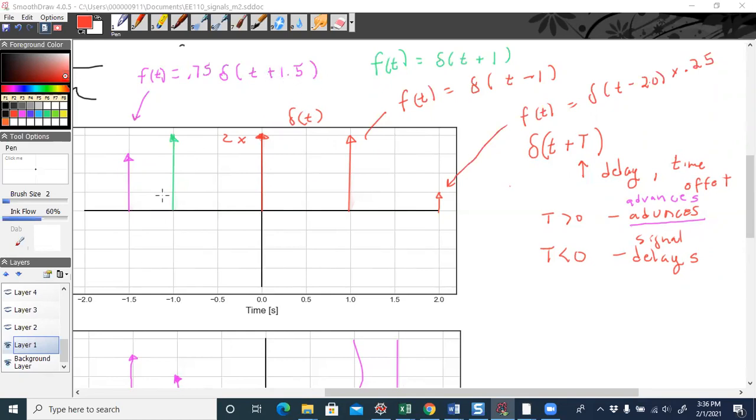If this is positive, it's in the negative region. If it's negative, it's in the positive region. But you're really just advancing and delaying a signal. Any questions on that before we move on to the step function?